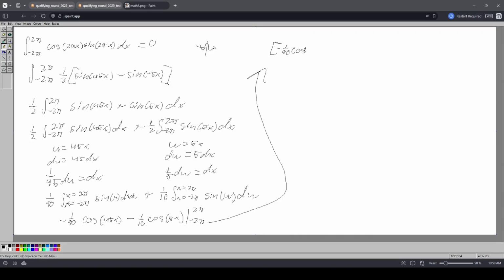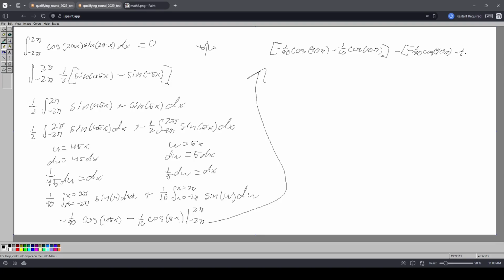1 over 90 cosine of 2 times 45, which is 90, so 90 pi, minus 1 over 10, 5 times 2 is 10, cosine of 10 pi, minus 1 over 90 cosine of, once again, the fact it's negative doesn't matter for cosine, so it's just going to be the same thing on the inside.